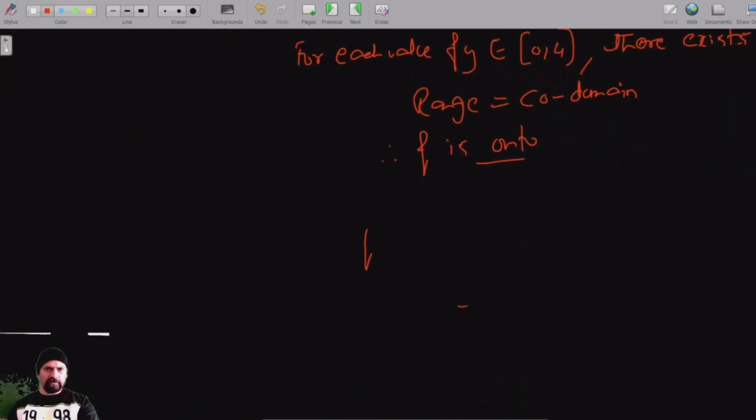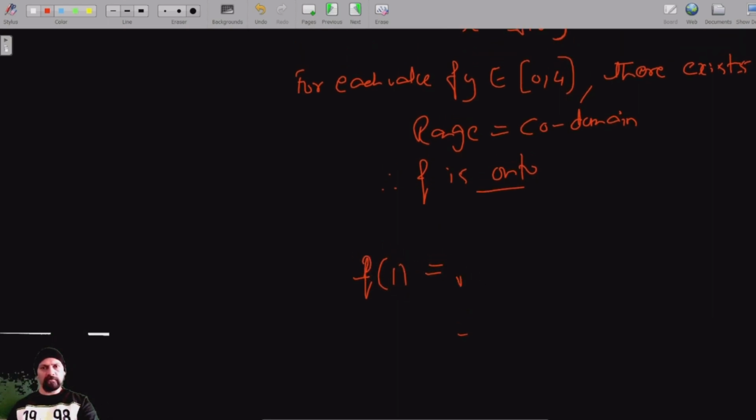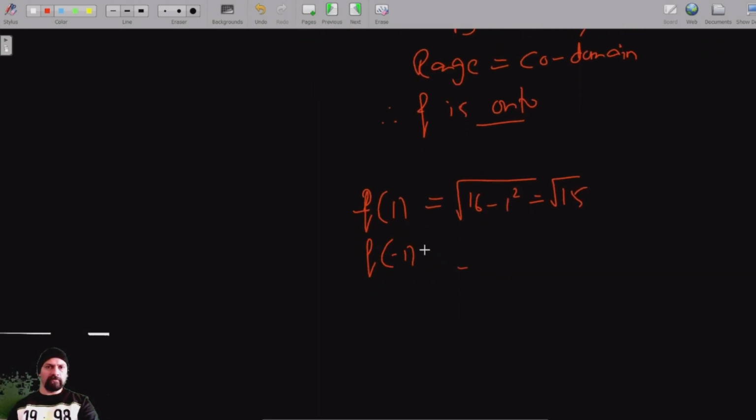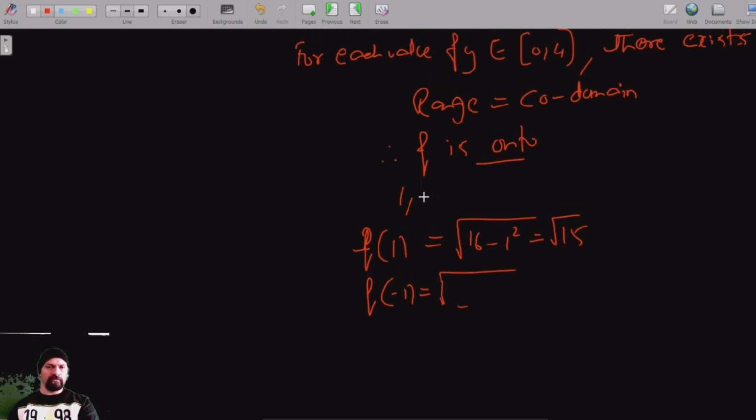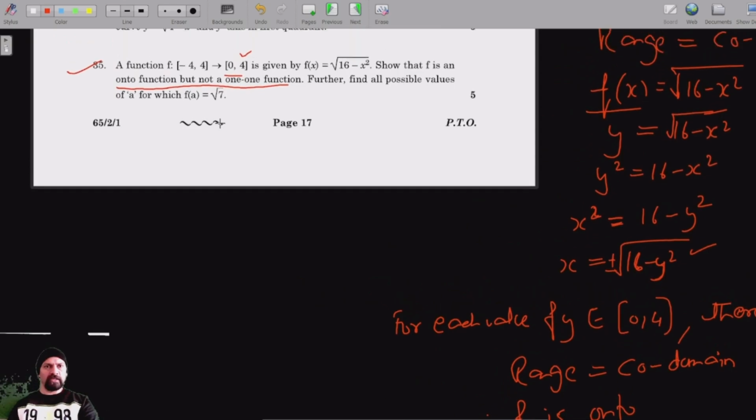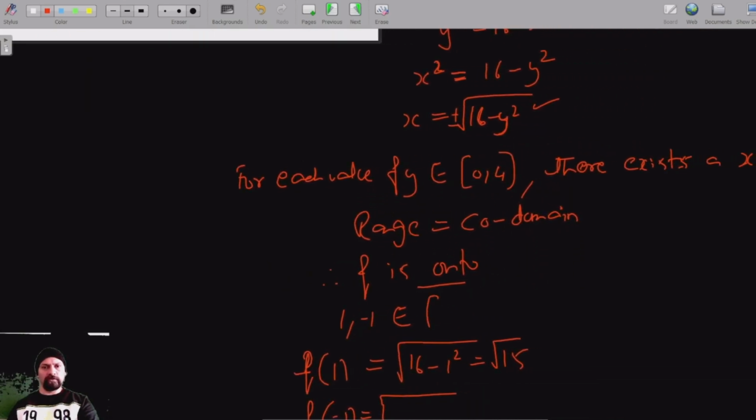So it's not a one-one function because the value for f of 1 is under root 16 minus 1 squared, which is root 15. And we have got the same value for f of minus 1. So 1 and minus 1, both of these belong to the domain minus 4 to 4.